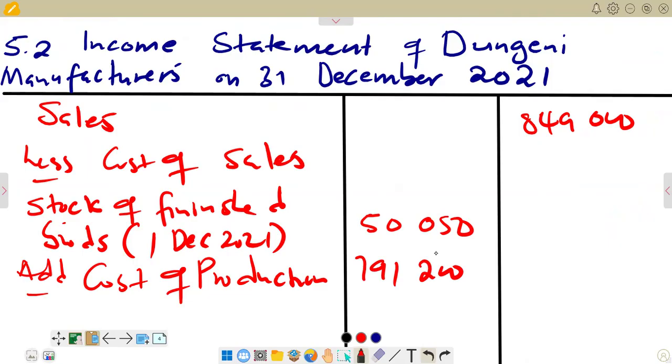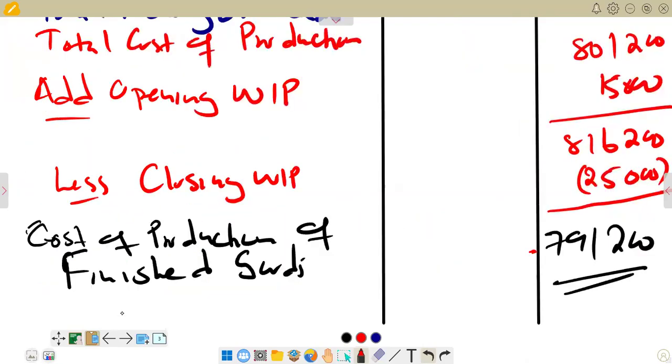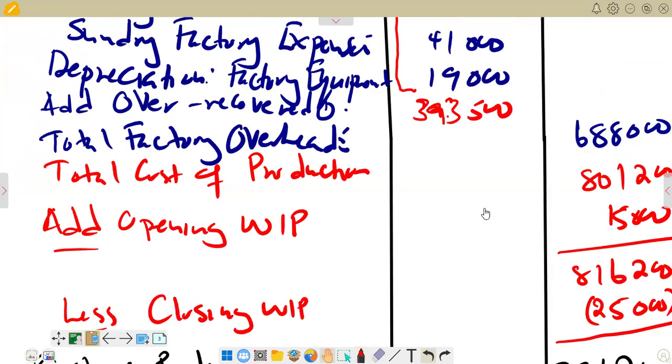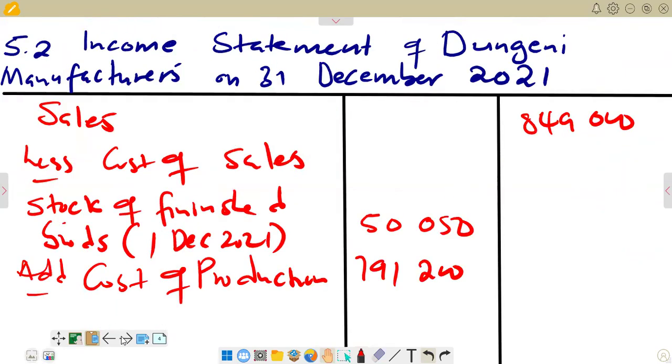Having put our cost of production, we can now adjust for over recovery, which we are supposed to subtract here. So we can check that figure again in the production cost statement. We refer back there to what we found in terms of over recovery. We've got 393,500, which we are going to put there.